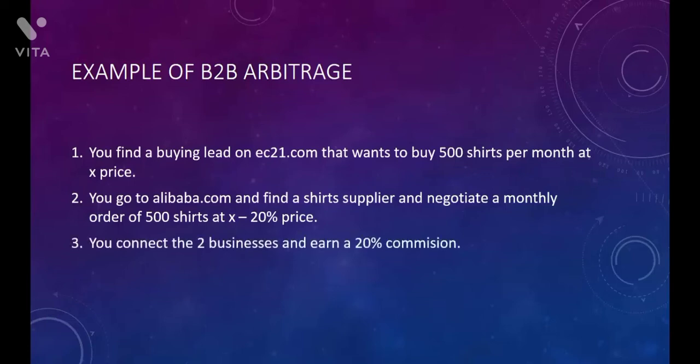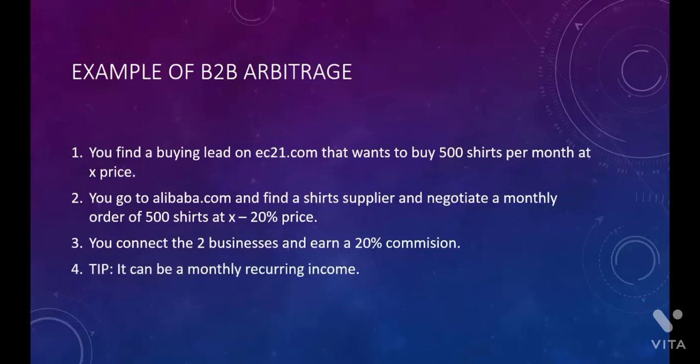What you will practically do in this situation, you will connect the 2 businesses and earn the 20% difference from the price. That means a 20% commission for you, which will be profit for you, which is the big advantage of business to business arbitrage, and why I like this business model very, very much, is the fact that it can be a monthly recurring income. Okay, why?